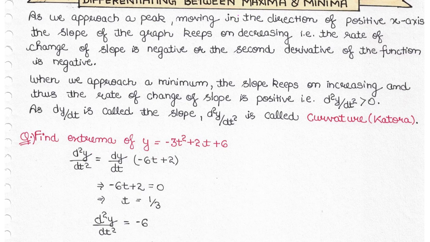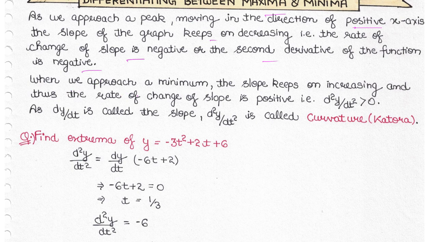Now, differentiating between maxima and minima. As we approach a peak moving in the direction of the positive x-axis, the slope of the graph keeps on decreasing, that is, the rate of change of slope is negative, or the second derivative of the function is negative.